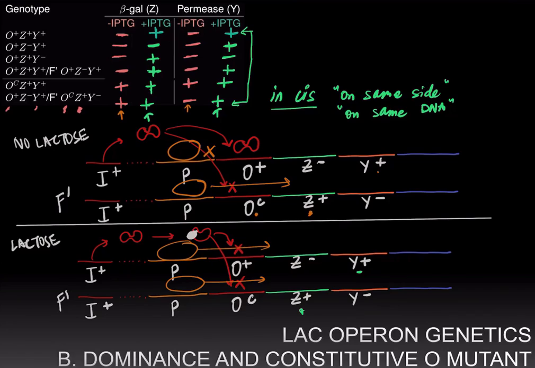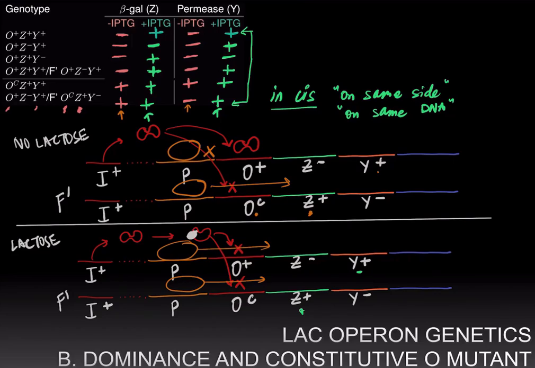The end result is that beta gal has constitutive expression matching the phenotype of the OC mutant, and the permease will have an inducible phenotype matching that of the O plus allele.